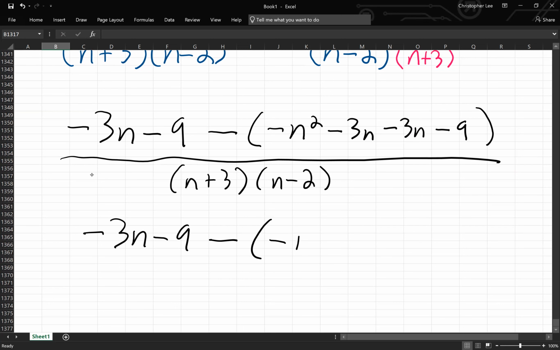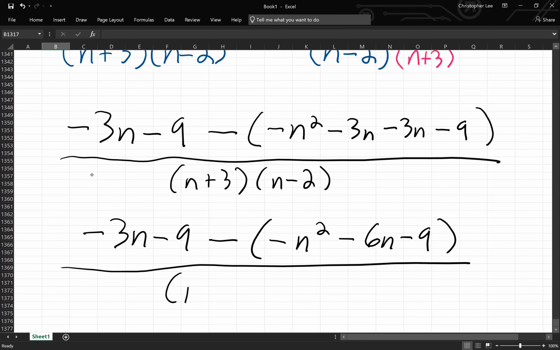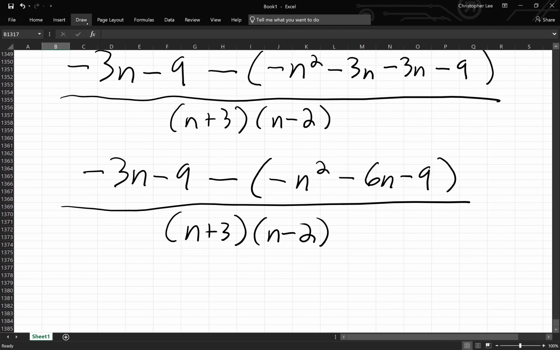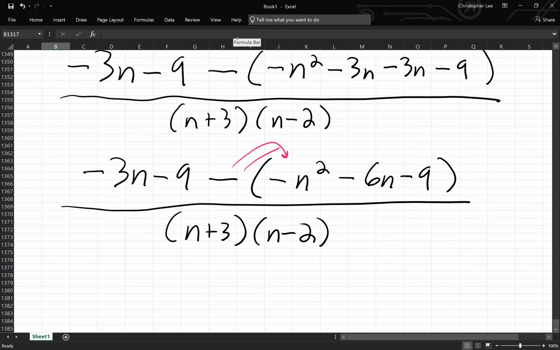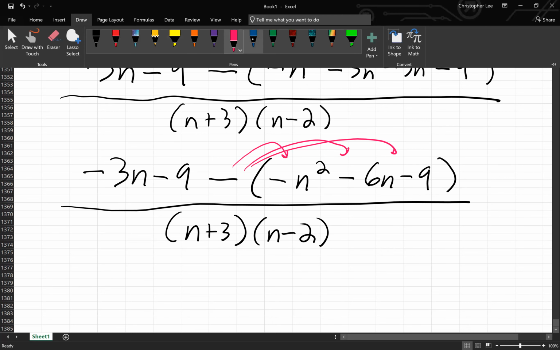So this is the negative n squared minus 6n minus 9. That's it. All divided by the LCD, which is the n plus 3 times the n minus 2. After that, it's real straightforward. I'm going to distribute that negative that's right there. Boom, boom, boom. And then I'm going to just combine the like terms.